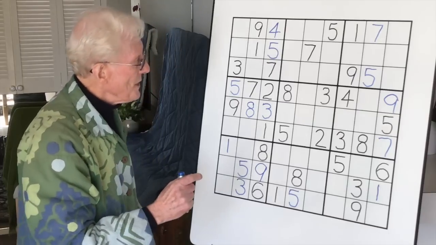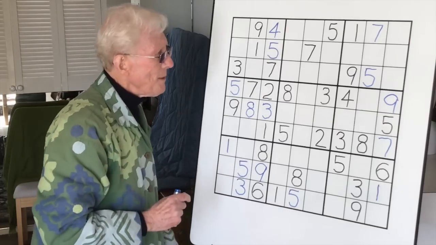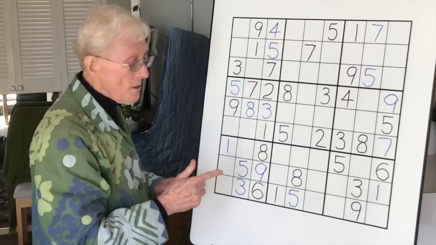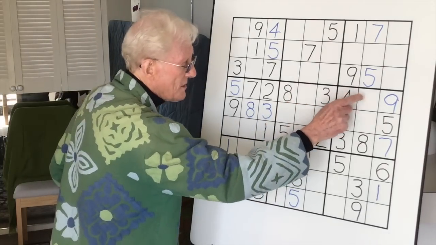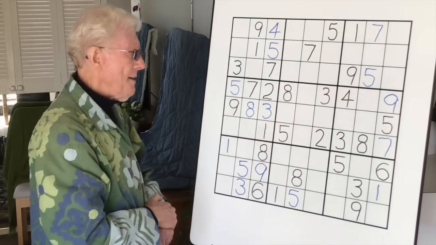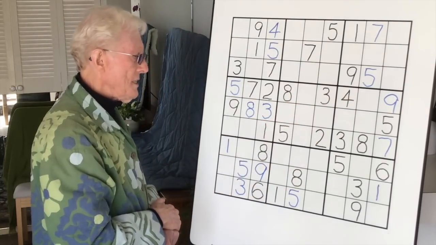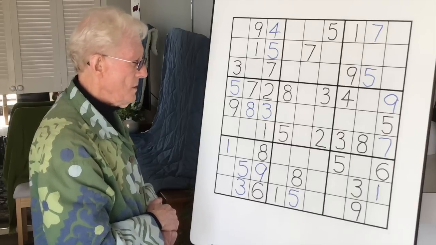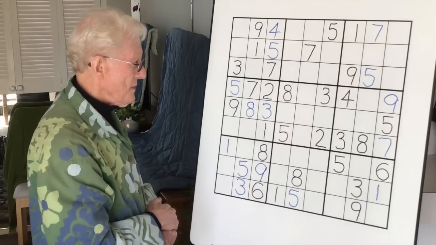Now what do? Well, I'm looking for any place where there's only 1 or 2 cells left, and you notice it already. We have 2 empty cells in that row, and it's a 1 and a 6. Now I'm looking up and down to see if that will help us at all. No, it's not.